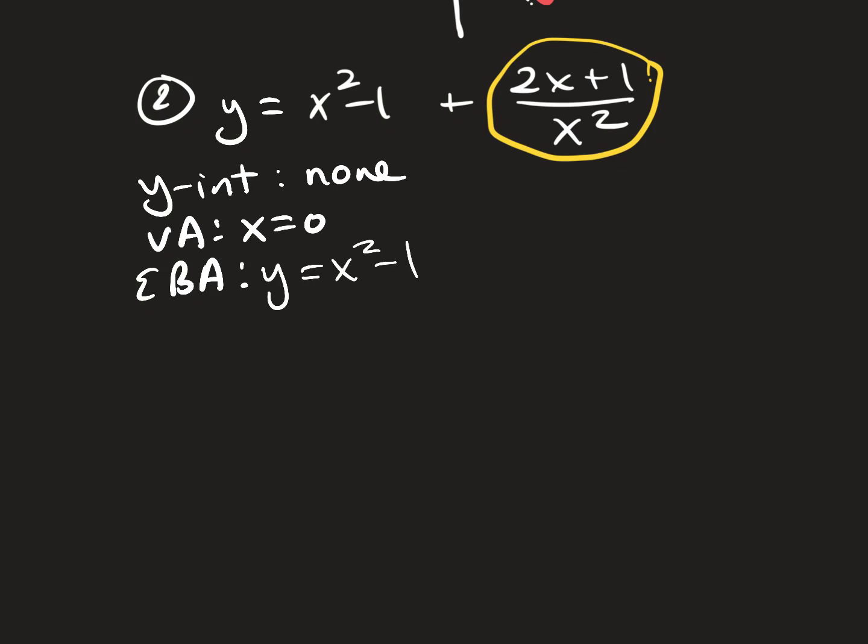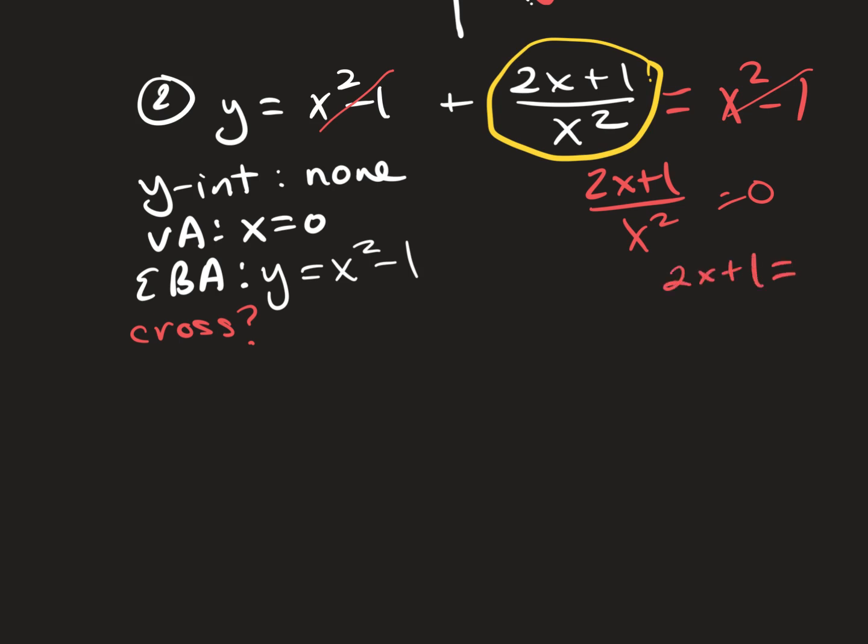Then I want to figure out, is it crossing the EBA? So remember, set the function equal to the EBA. And again, in this form, it's kind of nice because that will cancel when I'm solving to see if it crosses. And it only crosses if this piece equals 0. And the only way a fraction equals 0 is if the numerator equals 0.